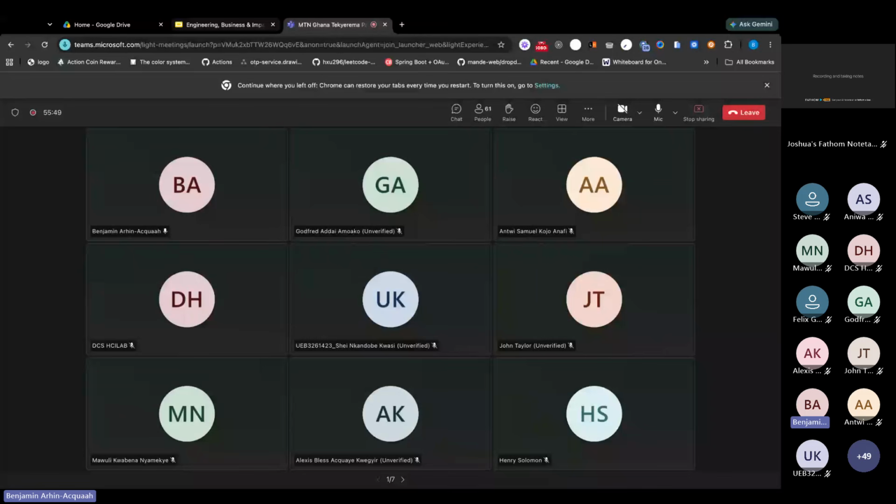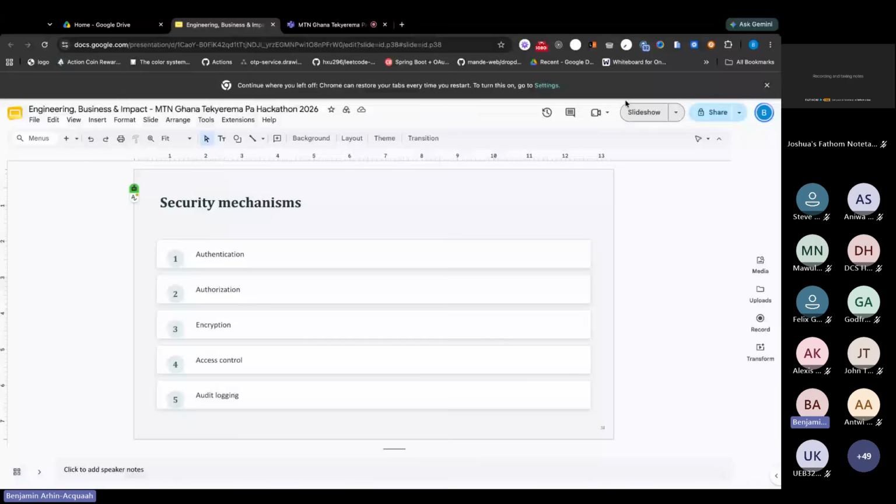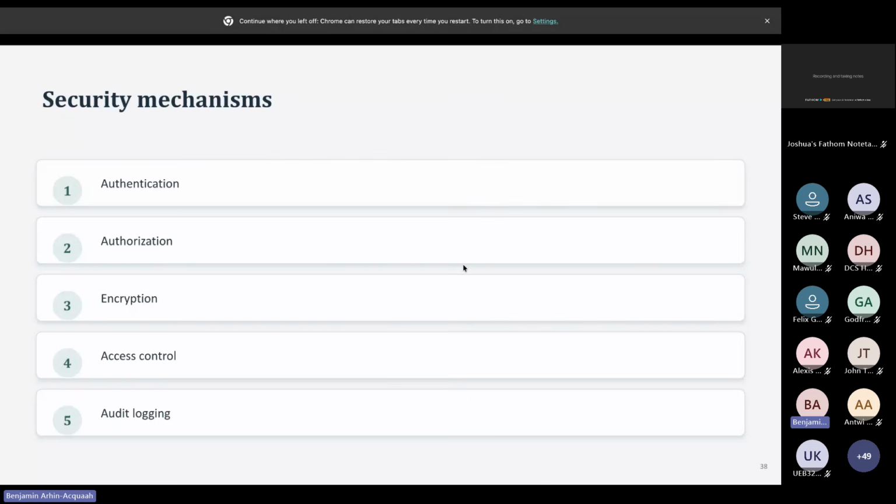If you remember the authorization, I mentioned people having to see what they are authorized to see. But how do you tell that this person will be able to see this and that? The access control mechanism is that process where you assign certain permissions, or scopes.